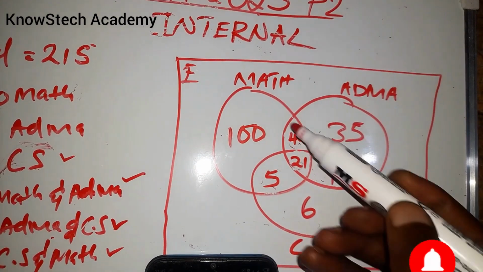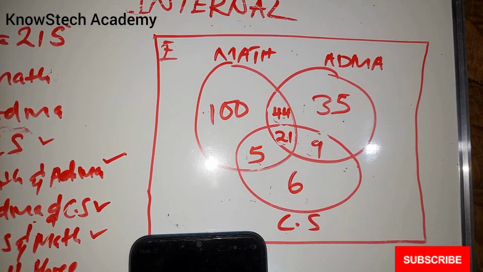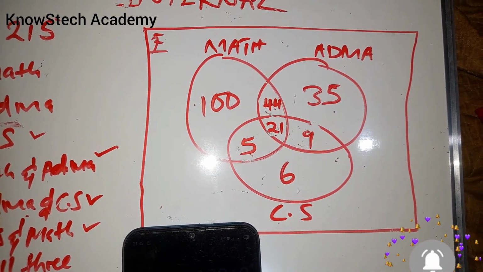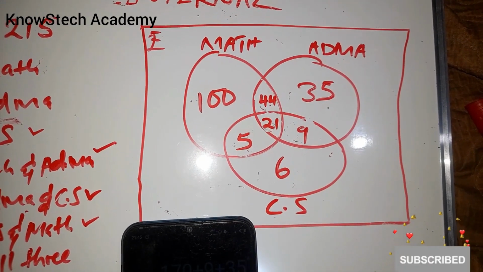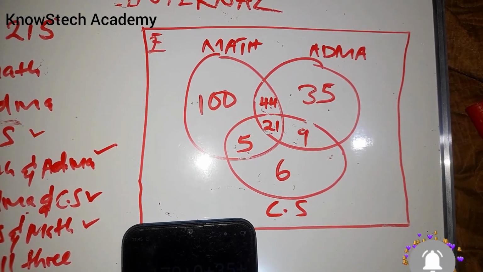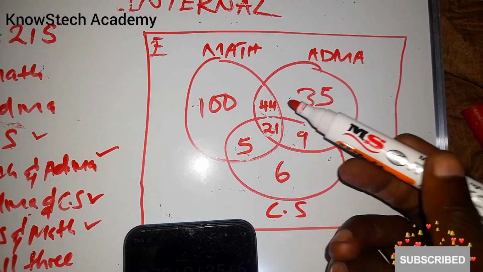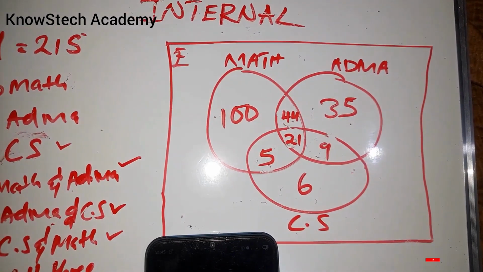So you know that this side, mathematics, 170. So 170 plus 9 plus 35 plus 6. 170 plus 35 plus 9 plus 6.